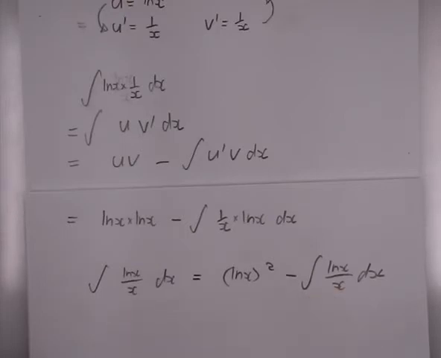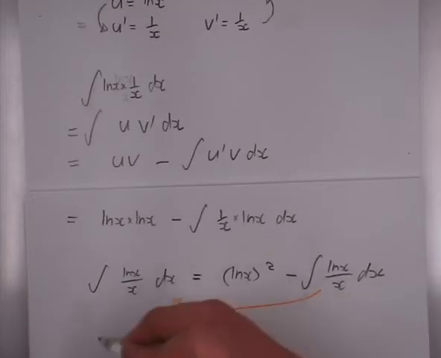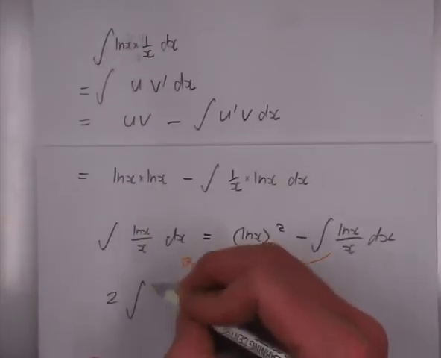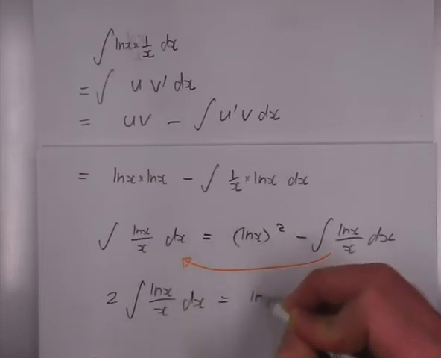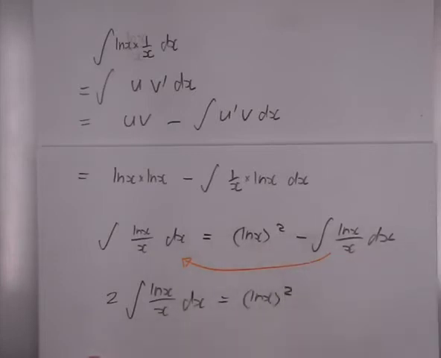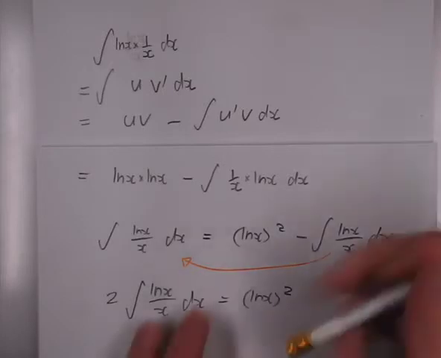So if I put it over the other side, there'll be 2 of them over there. If I add this to both sides, I'll have 2 of them. That's an ln x there.